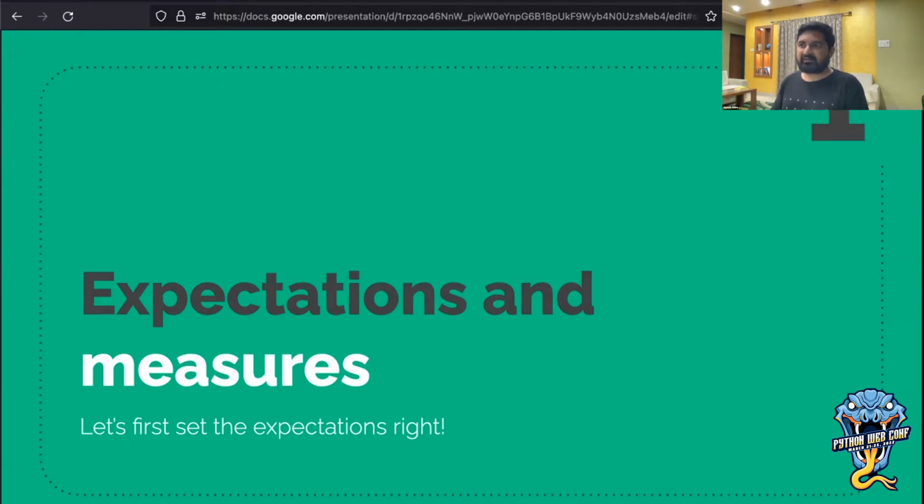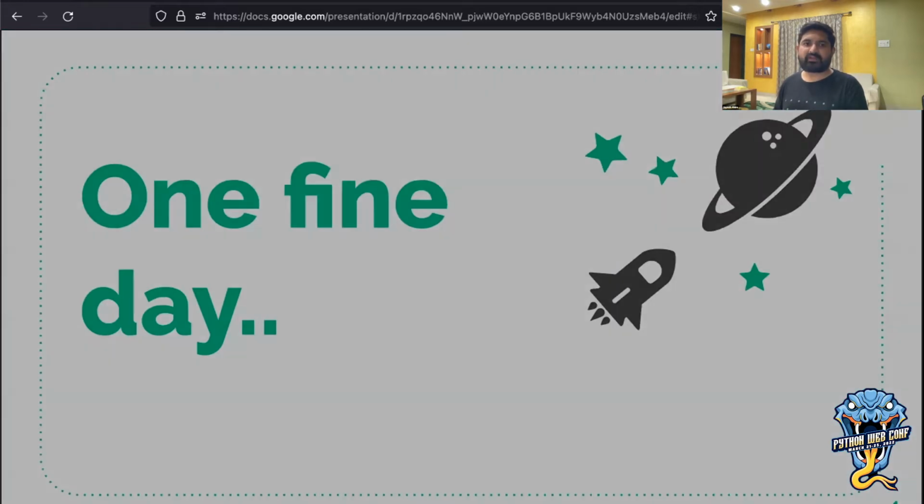To measure whether these expectations are being met, we need some data. So I will start with a story. I will go through an incident, and then we'll understand what the business expectations really are and how we measure if the system is helping to achieve them or not.